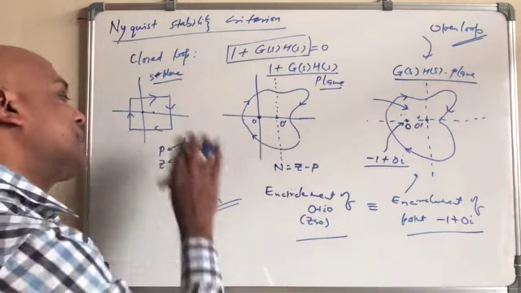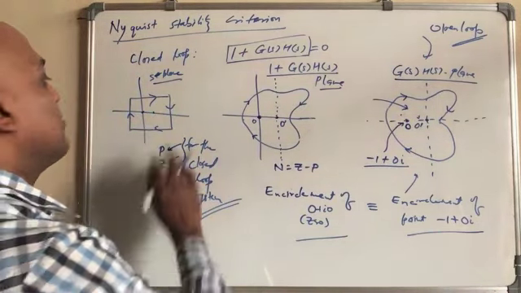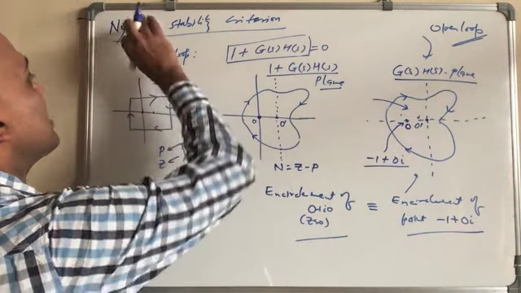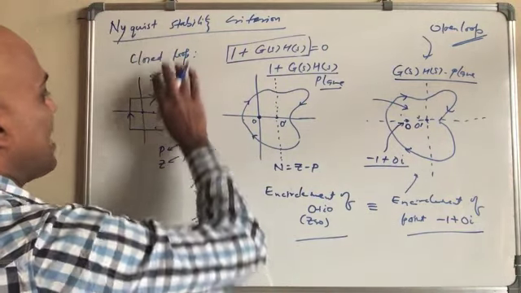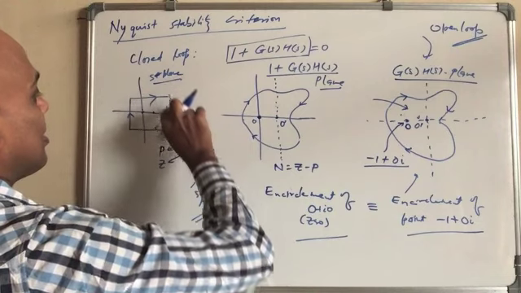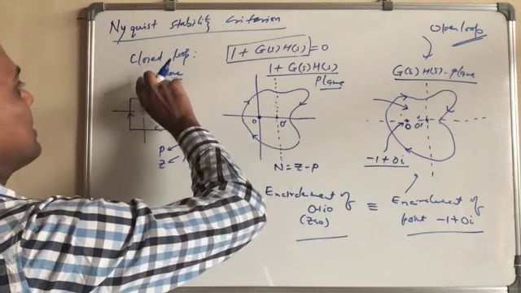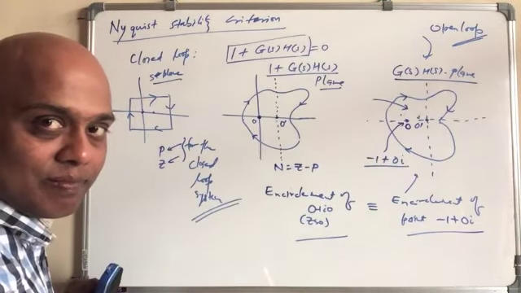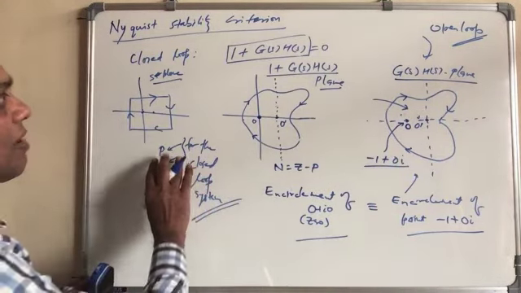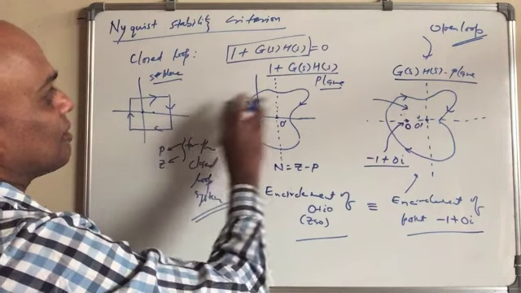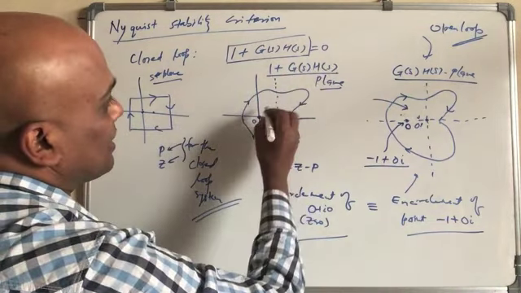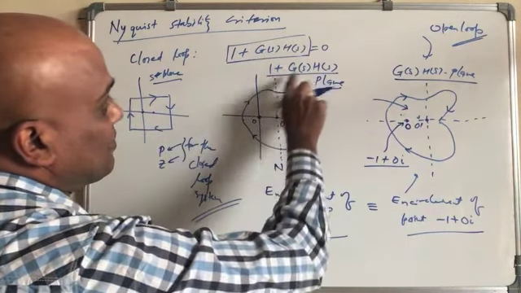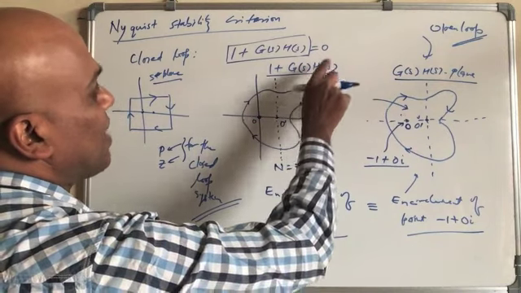And how can we guarantee that? We have to take a very big, actually infinite, loop or contour such that it encompasses the whole positive S plane. And then we are going to have the 1 plus GS times HS plane.